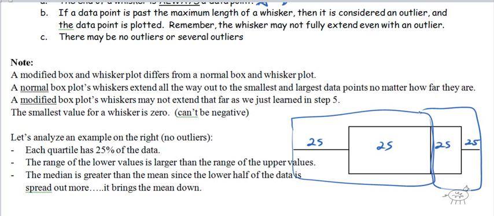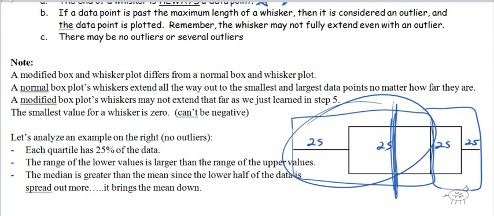The median is greater than the mean. Think about that. The median is greater than the mean since the lower half of the data is spread out more, so it brings the mean down. If you look at all this data over here, the mean is probably going to be somewhere lower here.